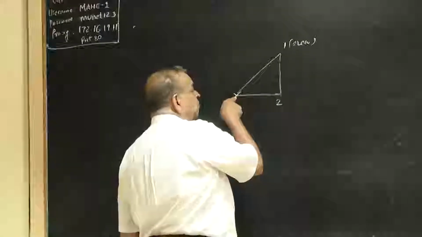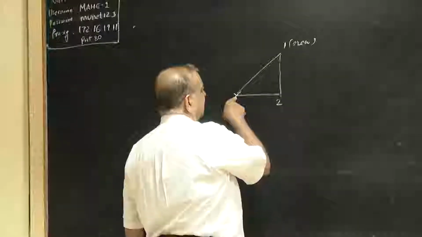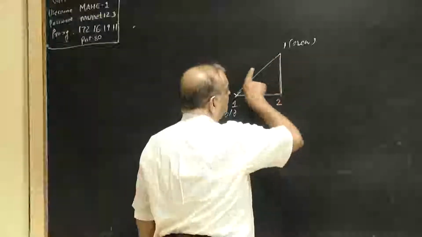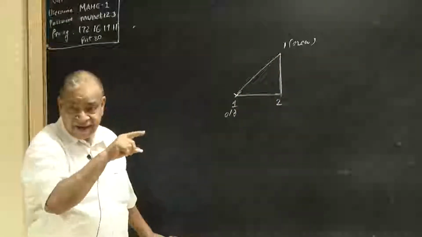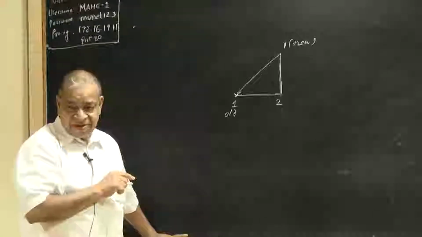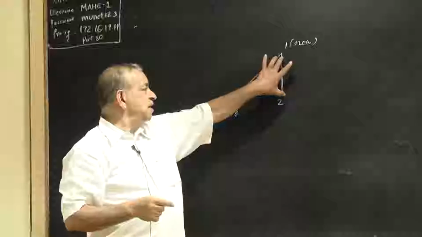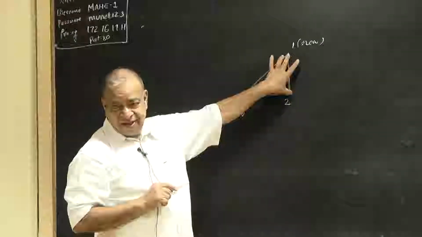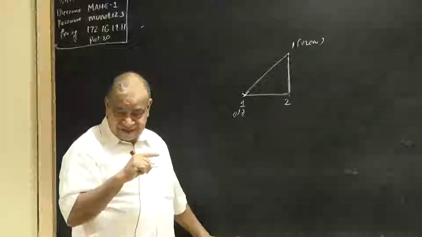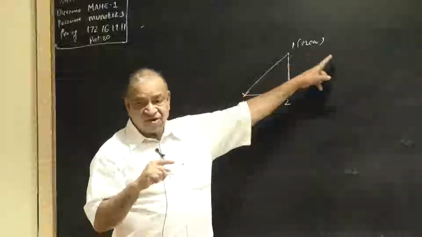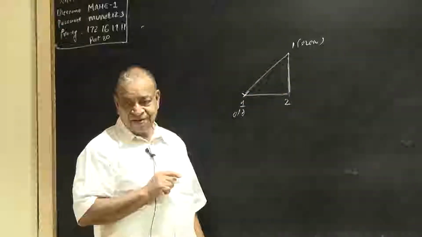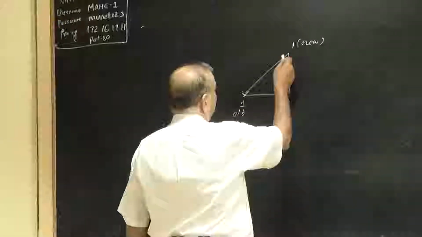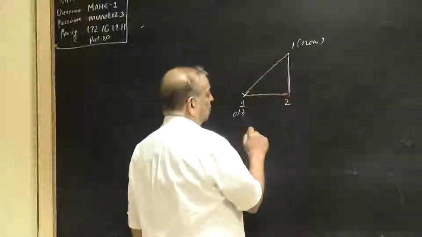So I need to remove this and keep this as a base and build another triangle which has the same edge like this one, but one more new vertex. And that vertex must be such that the 3 vertices are adjacent, and it should have this as the edge.